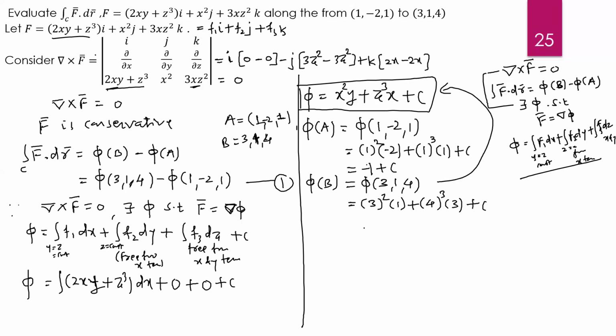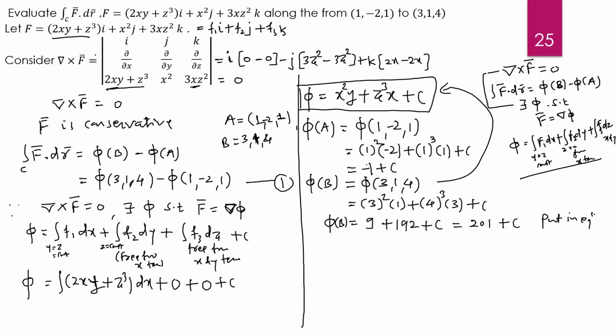So this is 9 into 1 plus this cube, that is 64 into 3, that is 192, plus c. So here we get phi of B equal to 201 plus c.